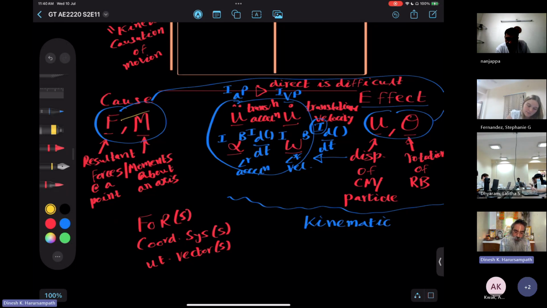So you're familiar with relating these two, and we typically attribute that, of course, to Newton, and in particular, Newton's second law.